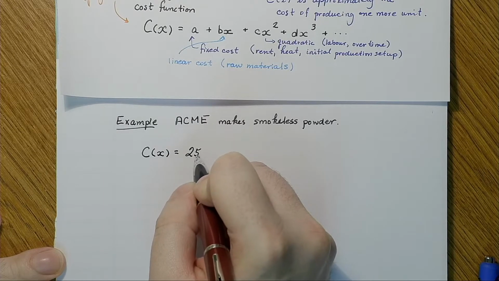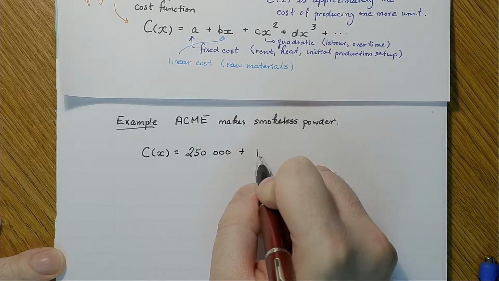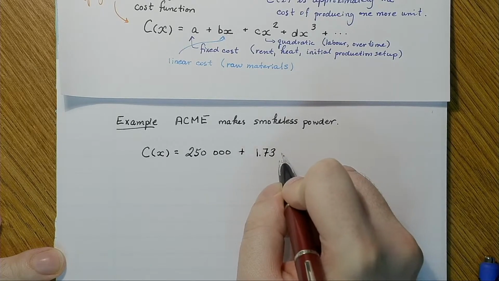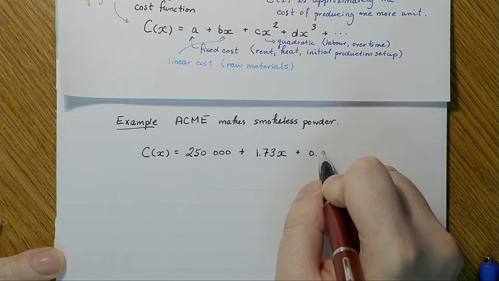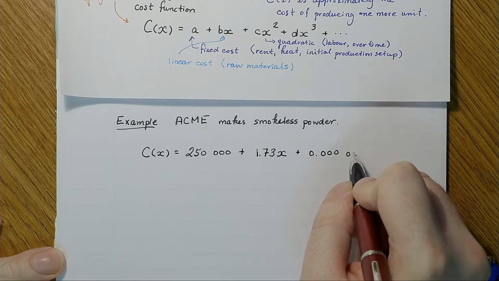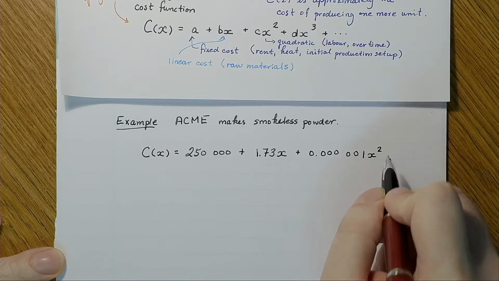and it's 250,000 plus 1.73x plus 0.000001x squared.